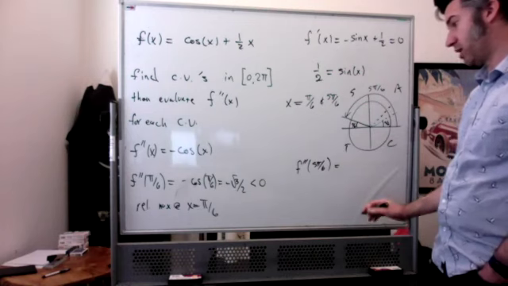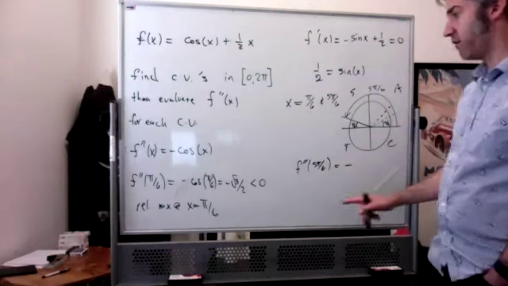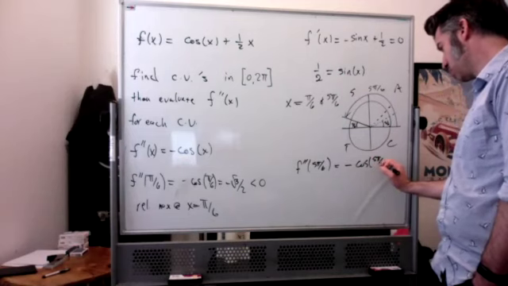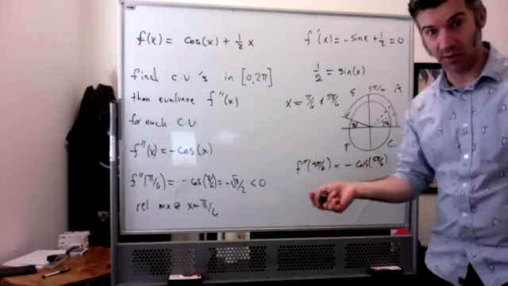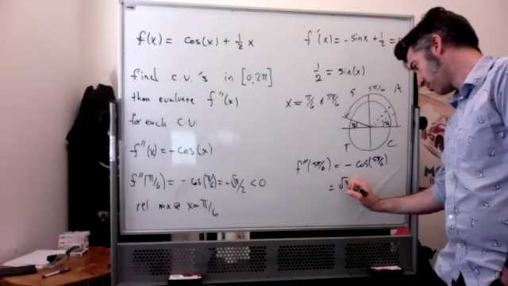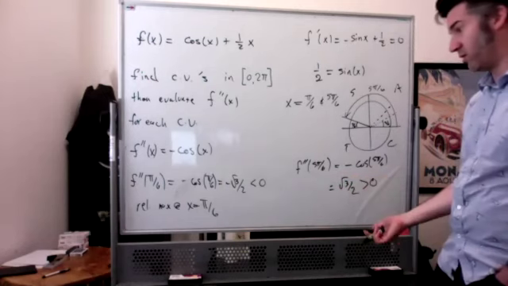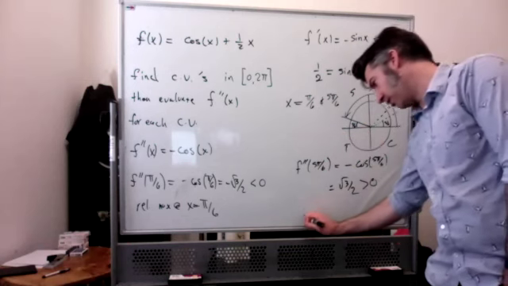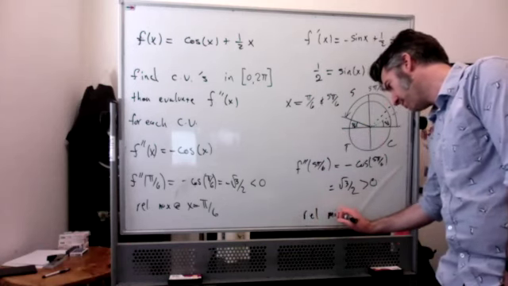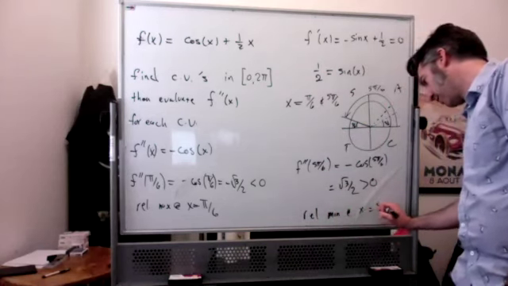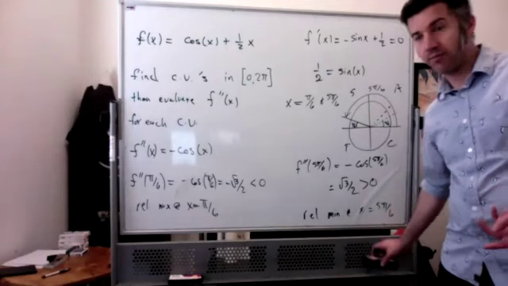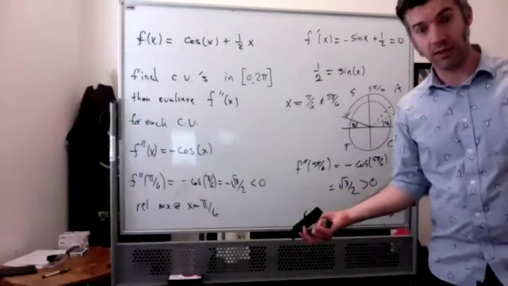So we're going to get negative cosine of 5 pi over 6, which is going to be negative times negative square root of 3 over 2, which is positive, which means it's concave up, which means we have a relative minimum at x equal to 5 pi over 6.